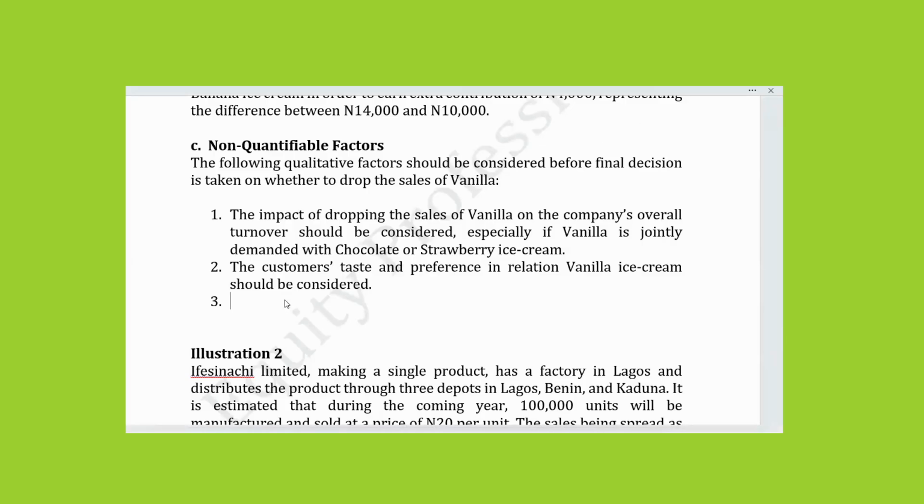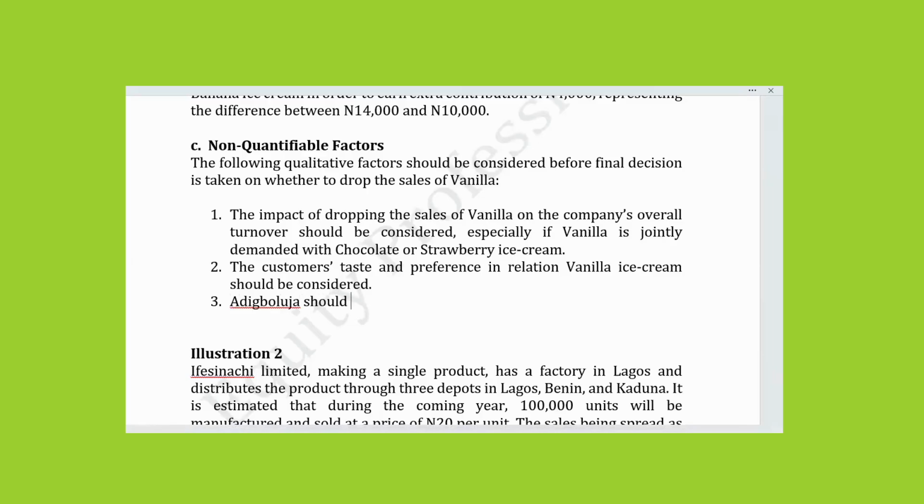Workers' morale. Okay. You can then say when vanilla is discontinued, it can make the workers redundant, or it can lead to unemployment. So you are still talking about workers' morale, right?